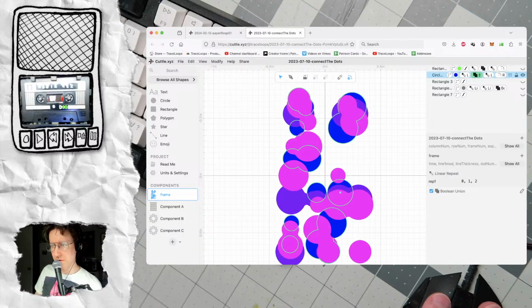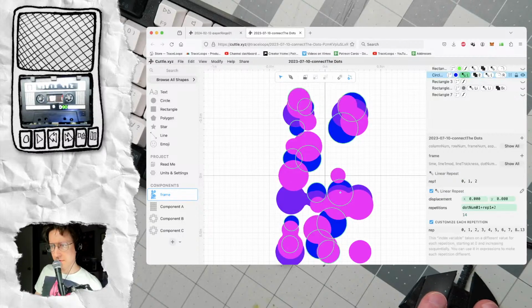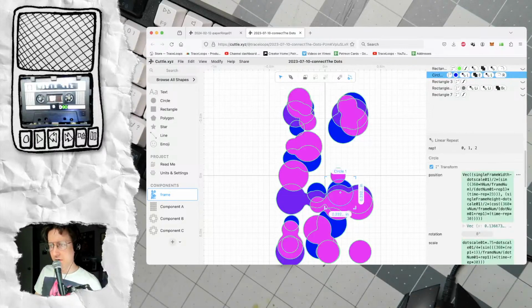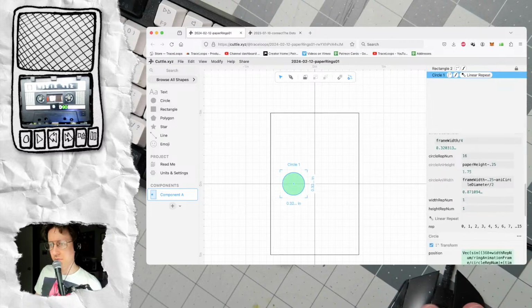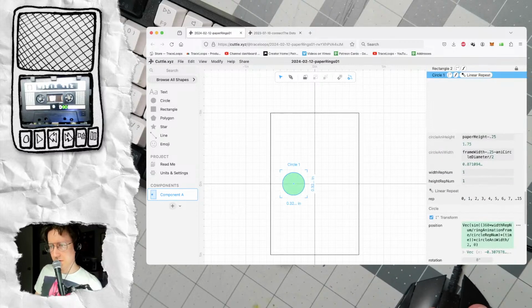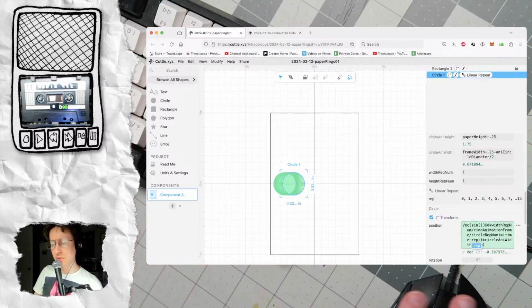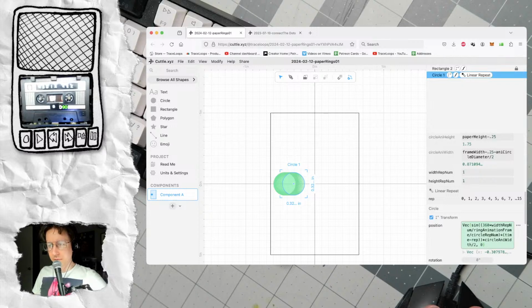It's rep 1. Okay, this is the rep that I'm really looking for. Time minus rep. Okay. So I've got that one.